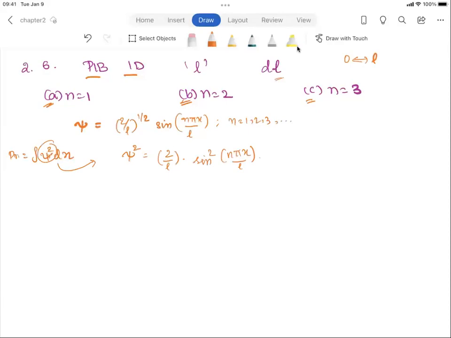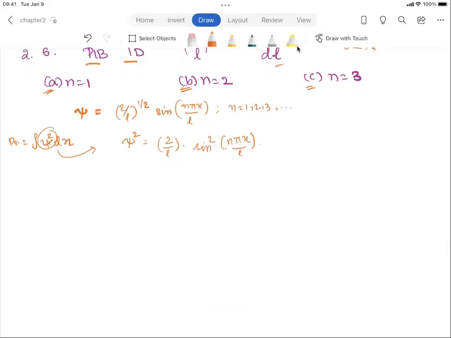Now, we need to find out when this value is going to be maximum and when this value is going to be minimum, right? For what values of x does it give a maximum value and what values of x give a minimum value.